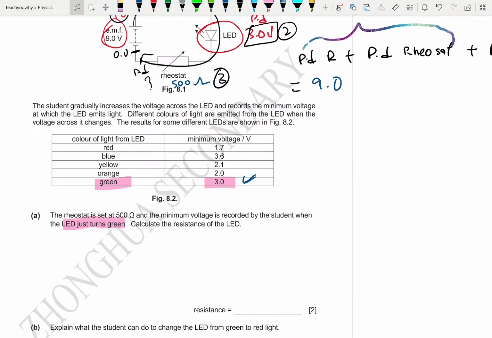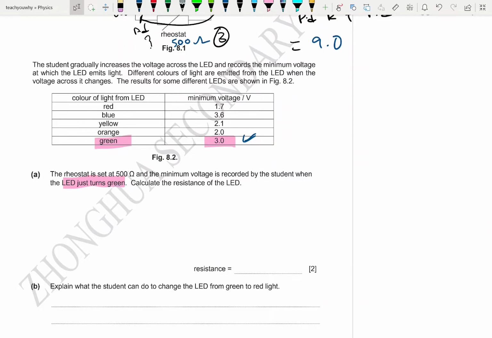So calculate the resistance of the LED. Now we can approach this using a potential divider kind of way. We don't know the resistance, we call it RLED. RLED over R total times EMF is equal to 3.0 volts.